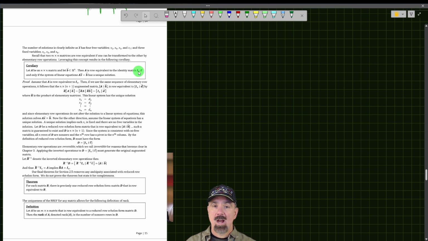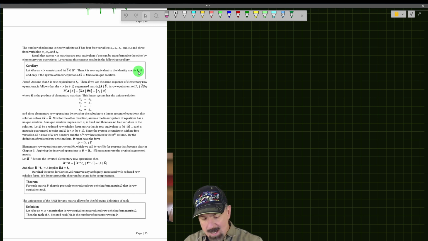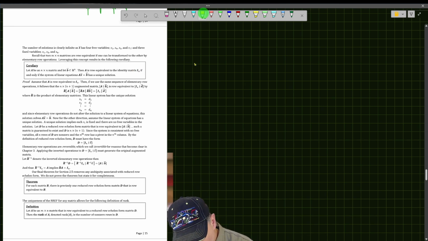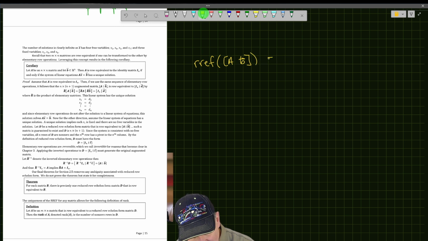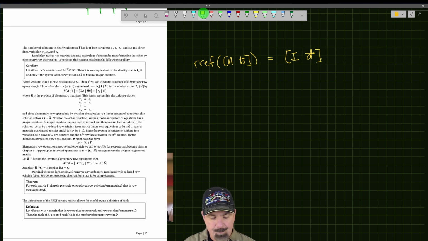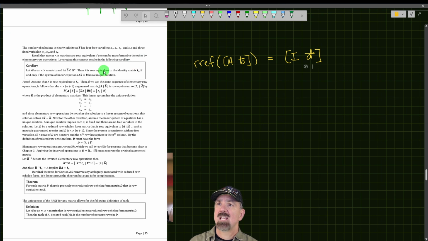So when A is square, if we RREF A and we get the identity matrix, we know we have a unique solution. Now, in reality, we wouldn't RREF just A by itself. We would RREF the augmented matrix. But if this comes out to be the identity along with what Strang calls the D vector, then we know that we have this unique solution. So that's all this corollary is saying up here.